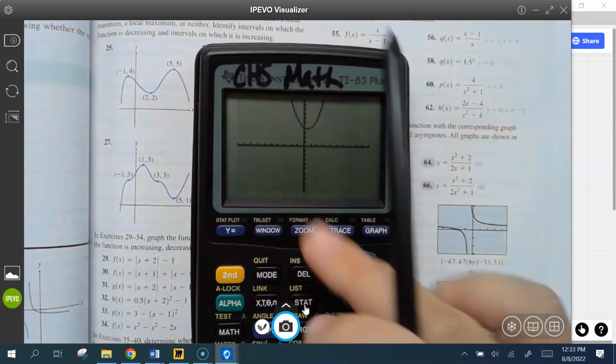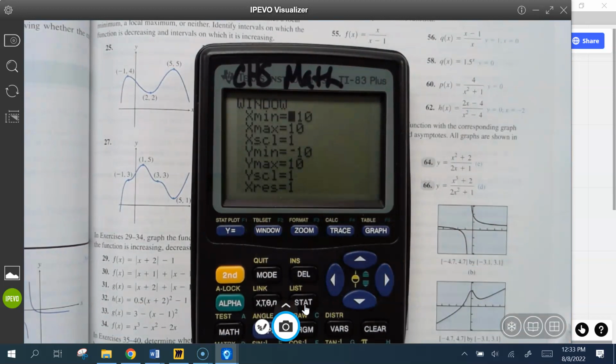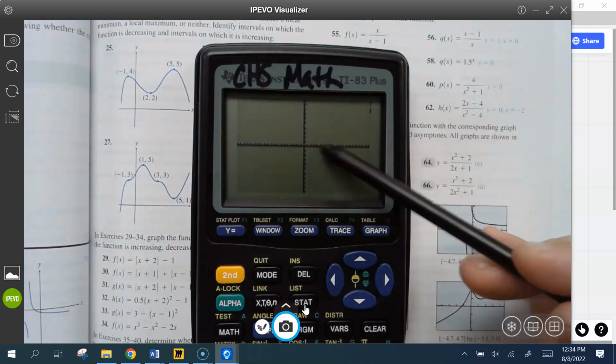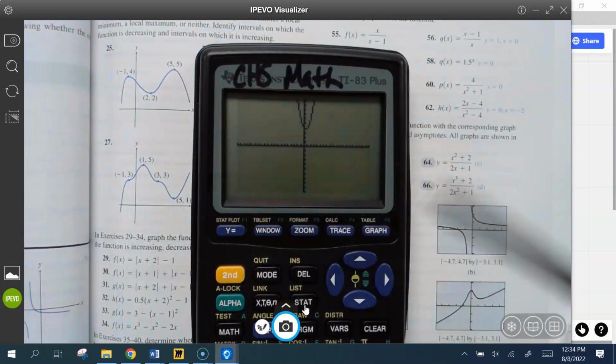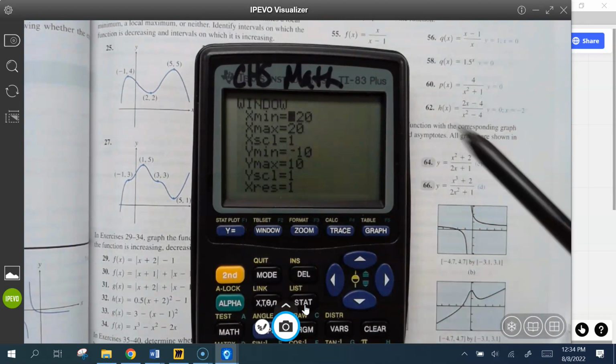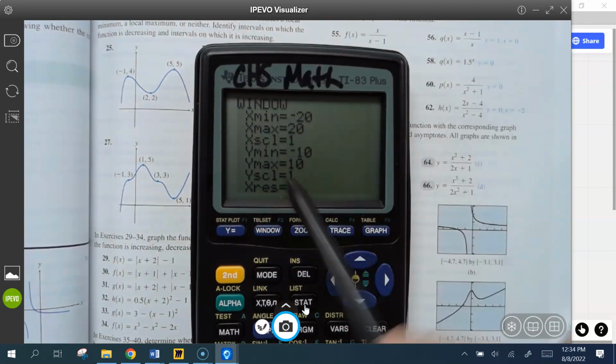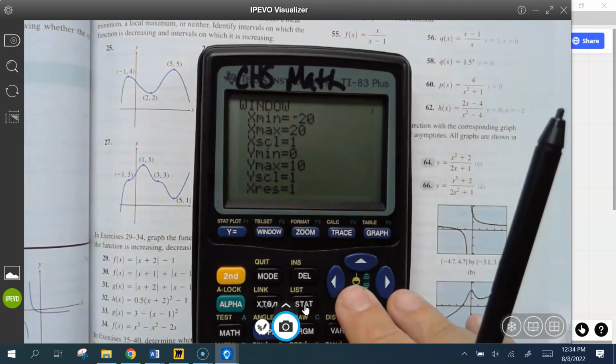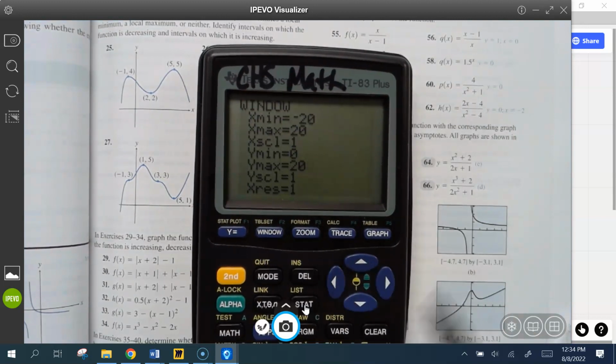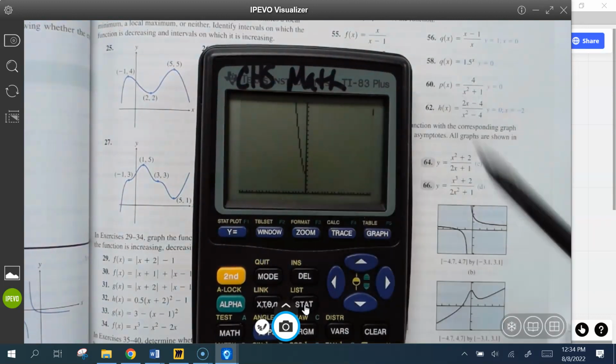If I wanted to see more this way, when I hit window, I could change it to maybe -20 to 20. So now there's 20 dash marks each way. Same with the Y. If I want to see more up and down, maybe I don't want to see that bottom, so I change it from 0 up to 20. And if you ever zoom 6, you'll be back to 10 by 10.